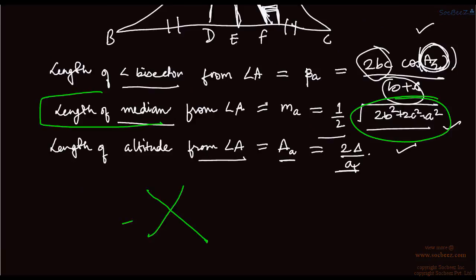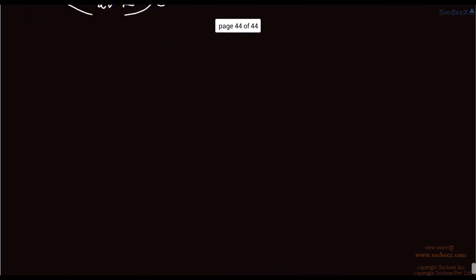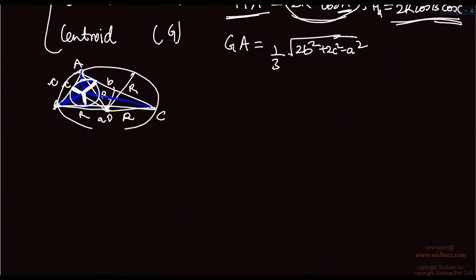And what is the centroid? The centroid is the point where all the medians of the triangle ABC meet. So if the length of the median from angle A is related to 2b square plus 2c square minus a square, then of course GA will also contain this term, and one by 3 of it is GA.